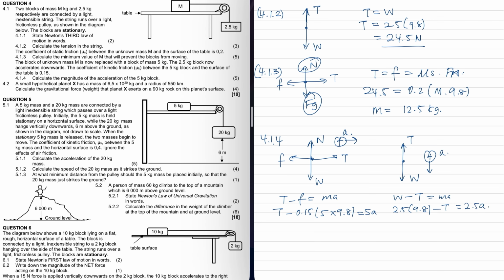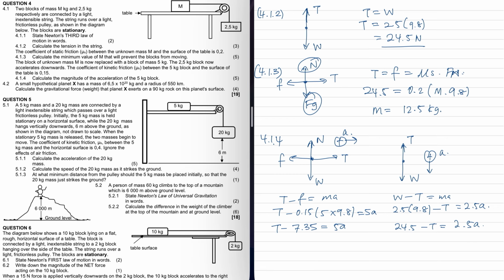Now we want acceleration, so we'll simplify as far as we can. So we get T minus 7.35 is equal to 5a. And here we're going to have 24.5 minus T is equal to 2.5a.